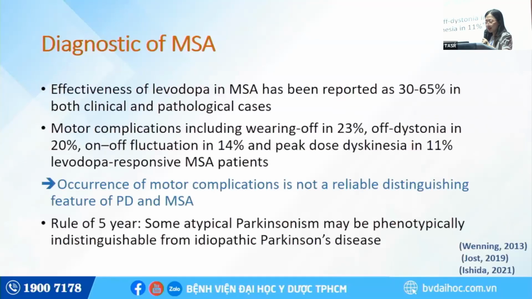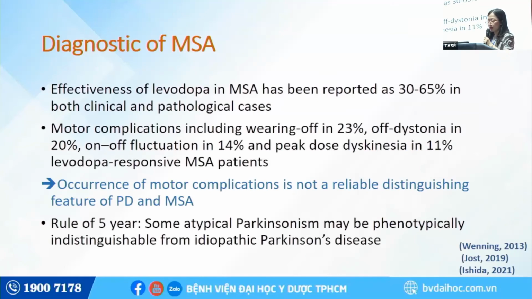Through this case, I want to emphasize some points in the diagnosis of MSA. The effectiveness of levodopa in MSA has been reported as 30 to 65% in both clinical and pathological cases. Motor complications have also been reported in levodopa-responsive MSA patients.